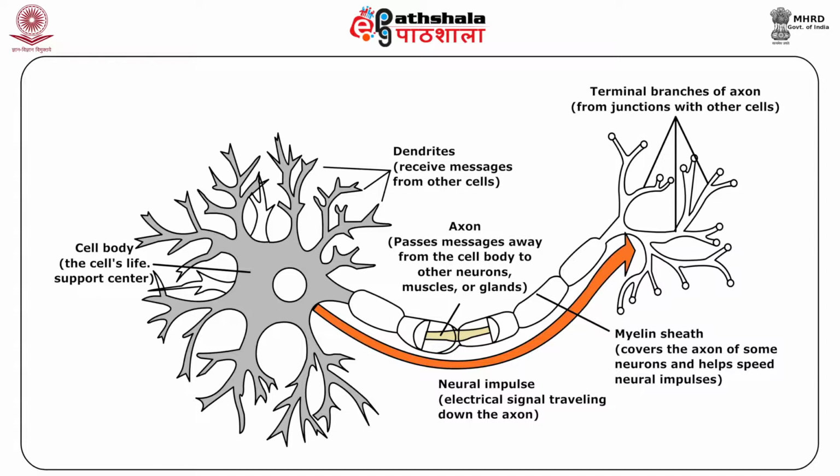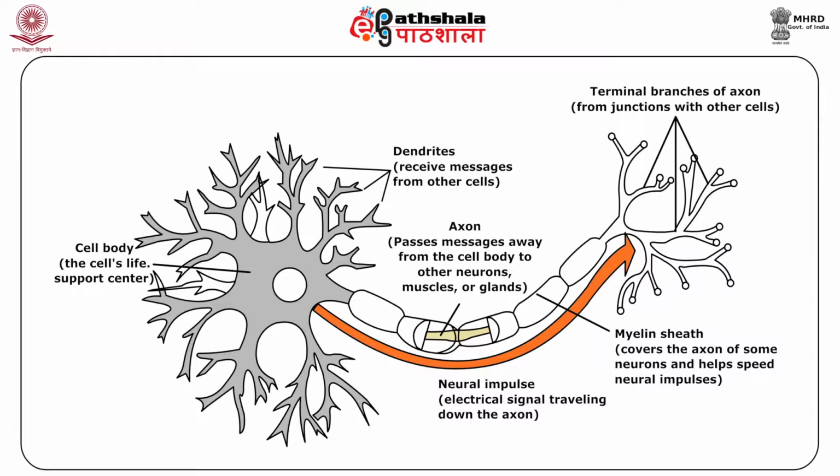The neurolemma is a protective covering over the neuron. The axon carries nerve signals away from the cell body towards the nerve endings or the terminal arborizations, also called terminal buttons. The part of the axon where it emerges from the soma is called the axon hillock.